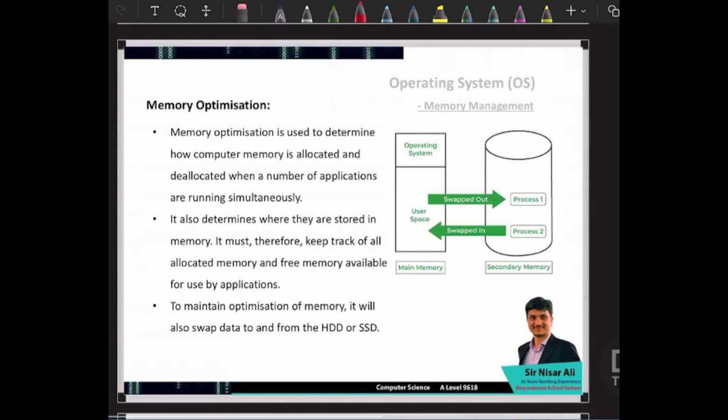Memory optimization, जैसा कि मैं अभी बता रहा था, is used to determine how computer memory is allocated and deallocated. आपको पता है कि जिस भी प्रोग्राम ने प्रोसेस होना है, रन करना है, उसे मेन मेमोरी में लोड होना पड़ेगा.